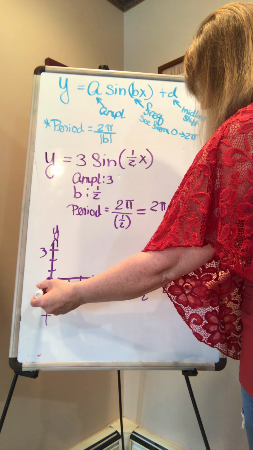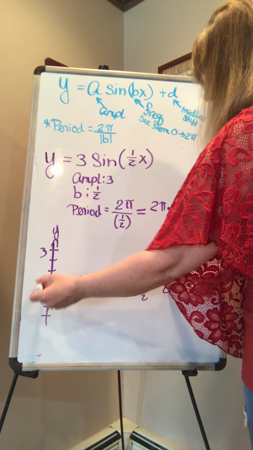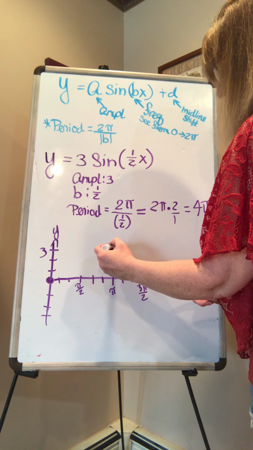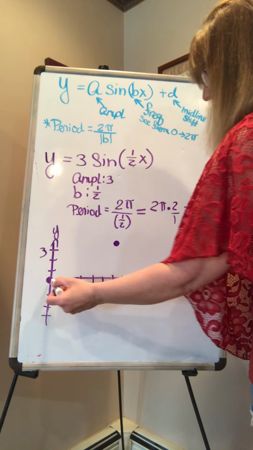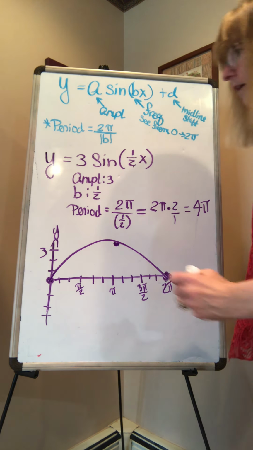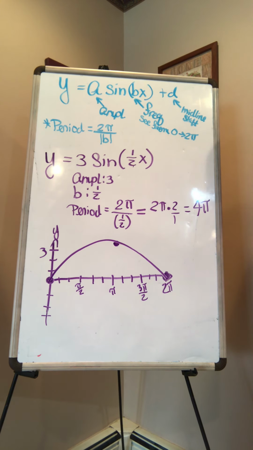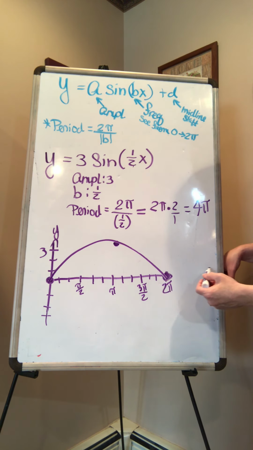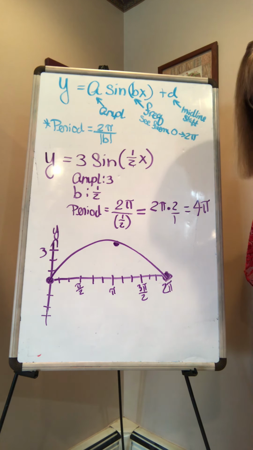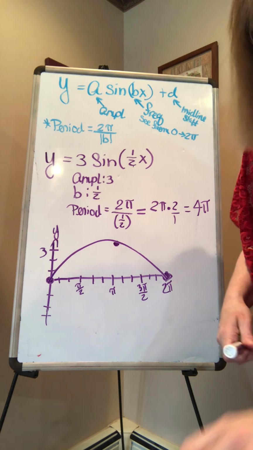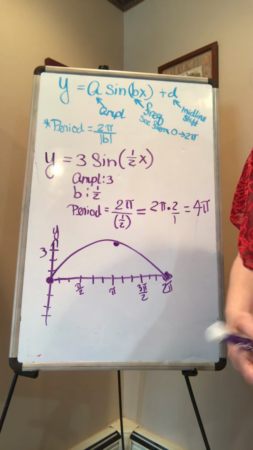In between the beginning and the middle, since this is 3, my 1 times 3, my vertical stretch of 3, here is half that curve. And if I wanted to see this full curve, I would have to extend this all the way out to 4 pi. I don't have the room where I would do that. So that was a little tricky.